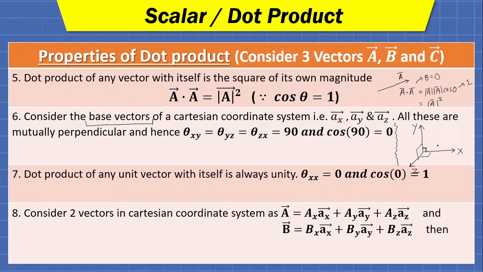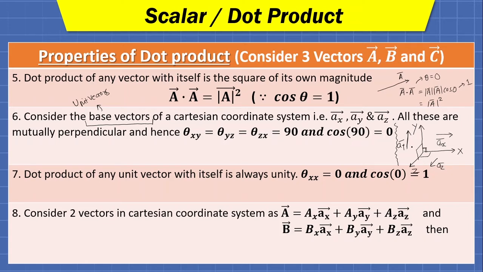Fine. So basically base vectors are nothing but unit vectors. So we can have a unit vector which shows the direction of its principal axis, so let us say we have a unit vector ax bar in this direction, so this shows the direction x. Similarly we can have another unit vector ay bar, so this shows the direction y, and one more unit vector, let us say az bar, so it shows the direction z.